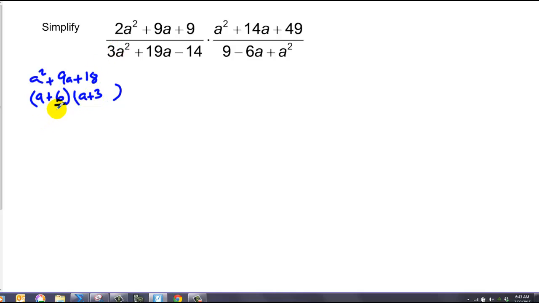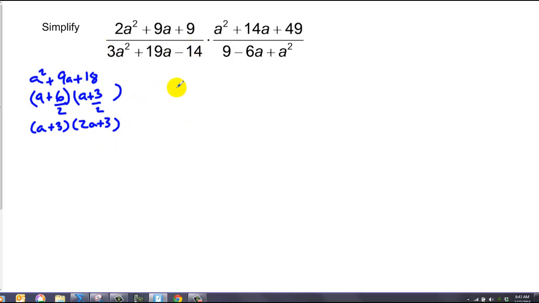Remember it's a 5-step, so I divide by 2, and we get a plus 3, and that doesn't reduce, so I bring that forward. That's a 2a plus 3.